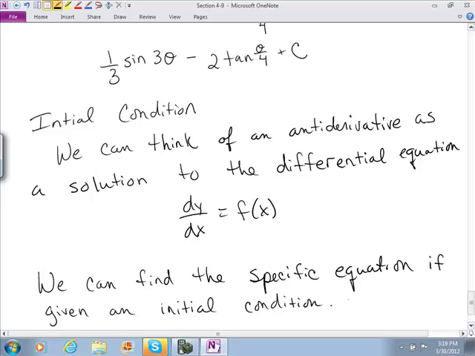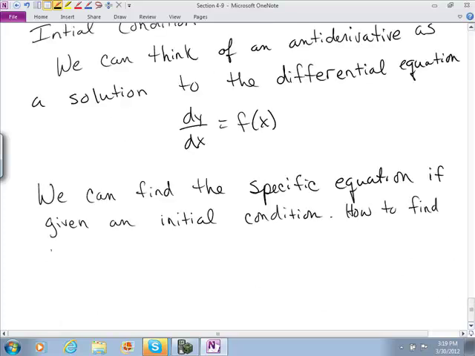So basically this is how to find the c when you do the antiderivative. It only works when you're given some extra information to try and figure it out.